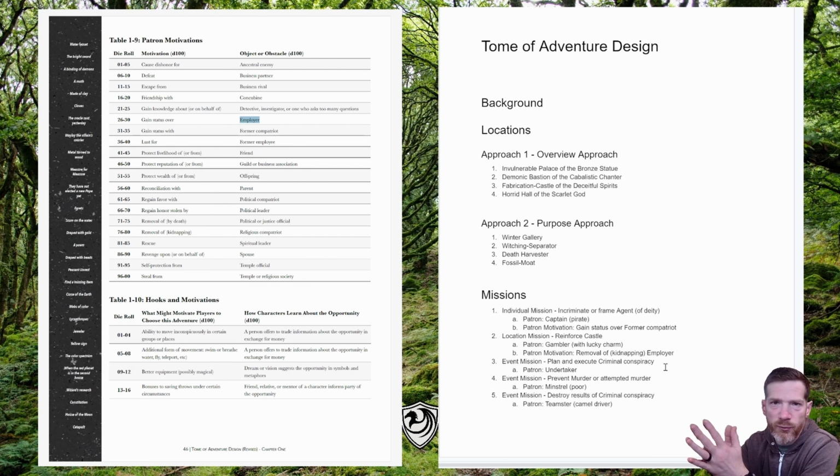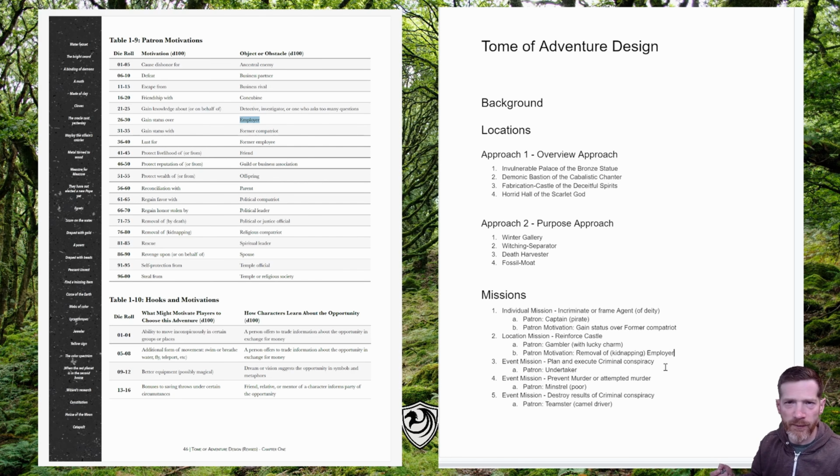But maybe we can come up with a story-based approach that gives us a reason why this gambler is motivated to kidnap an employer or a former employer, and that is their reason for sending us on a quest to reinforce a castle. We'll leave that for later.